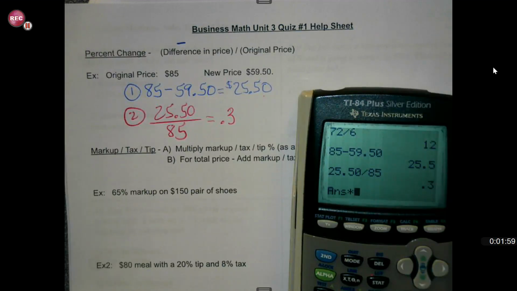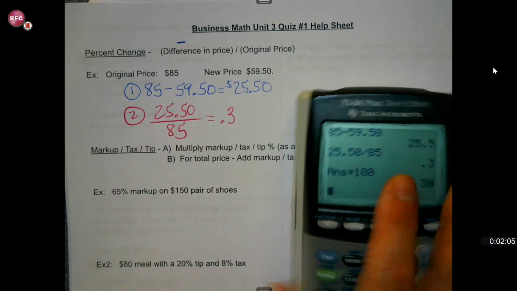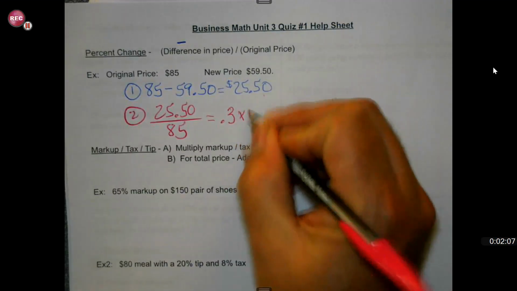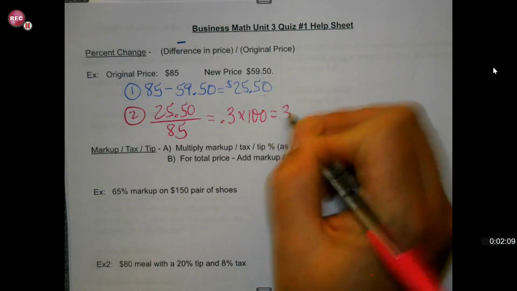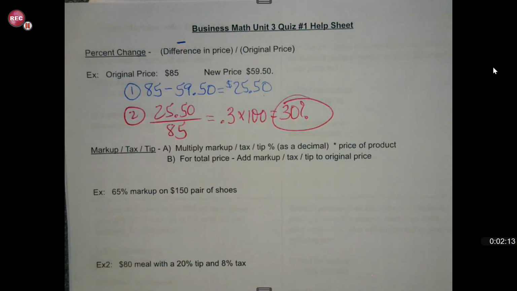I either need to move my decimal 2 places to the right, or I need to multiply that decimal by 100. So, that's the percent change that we're looking at. Or you could even say percent increase. Decrease, since it went down in value. So anytime percent change, those are your 2 steps, you're ready to rock and roll.